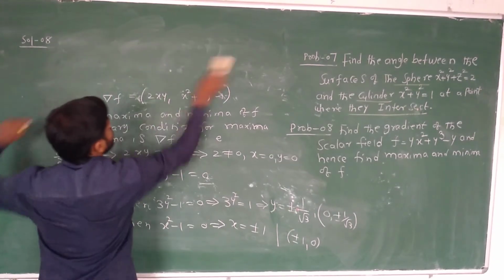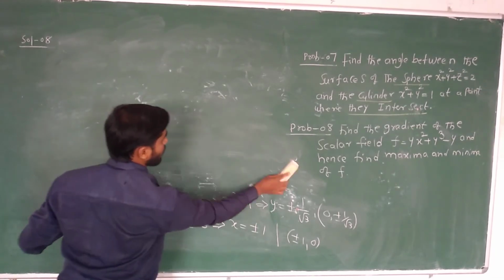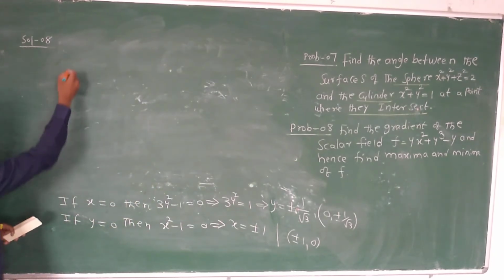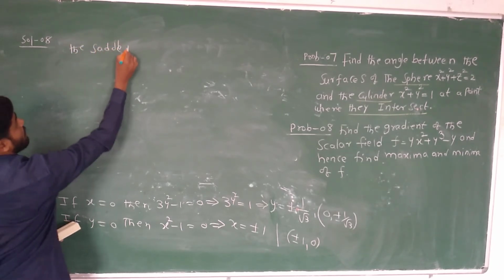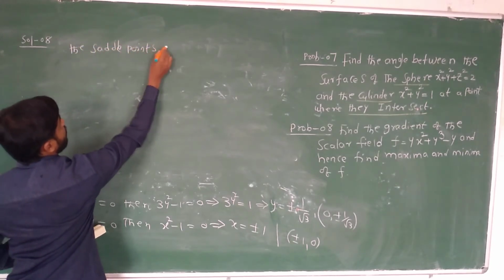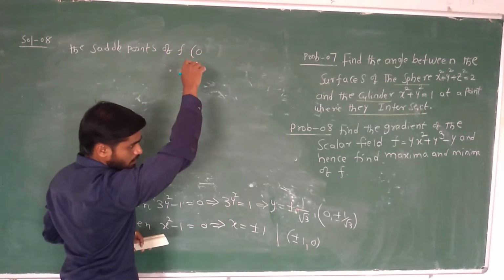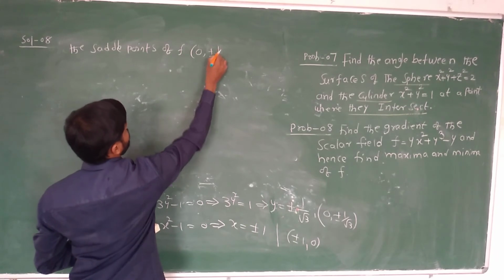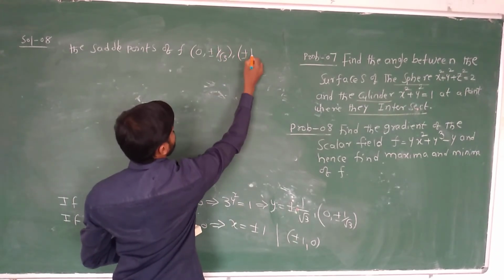Therefore, the critical points of f are 0 comma plus or minus 1 by root 3 and plus or minus 1 comma 0.